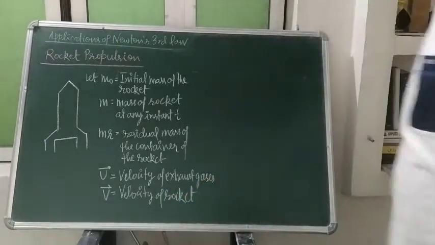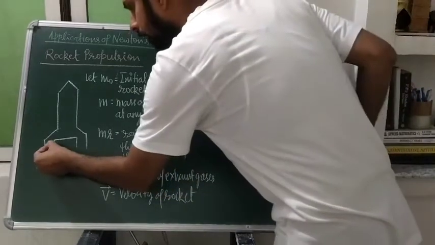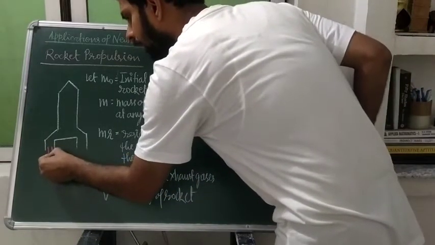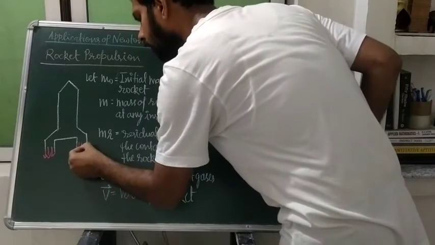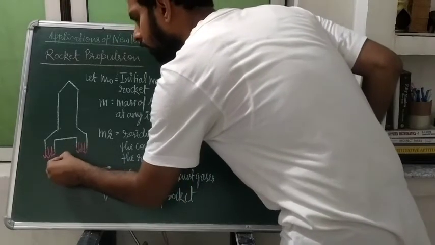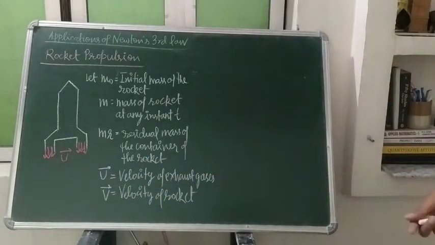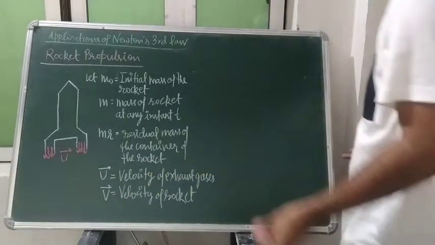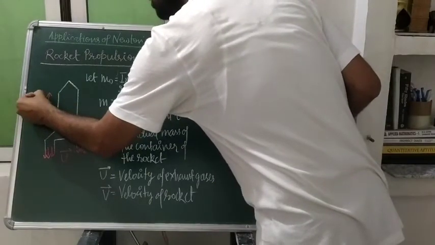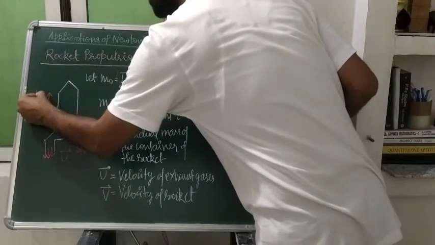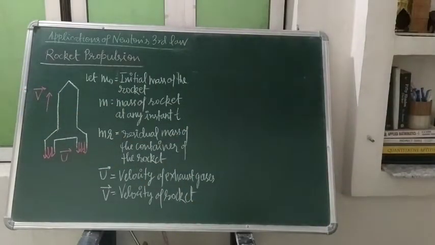Okay, so from here the fuel will get burned and the exhaust gases come out with the velocity u, and the rocket is moving upward, from Newton's third law, as you will be aware, with the velocity capital V vector.